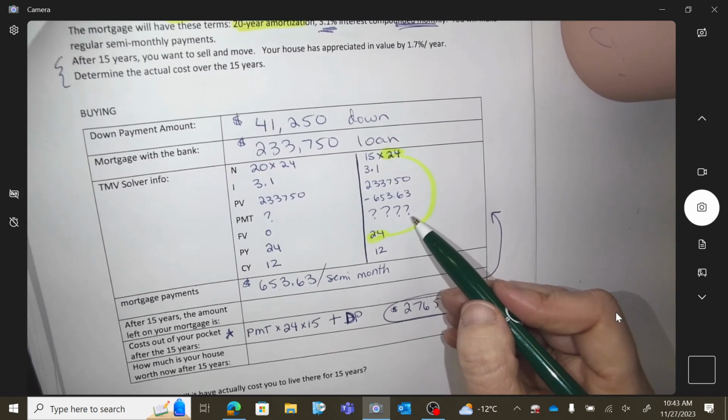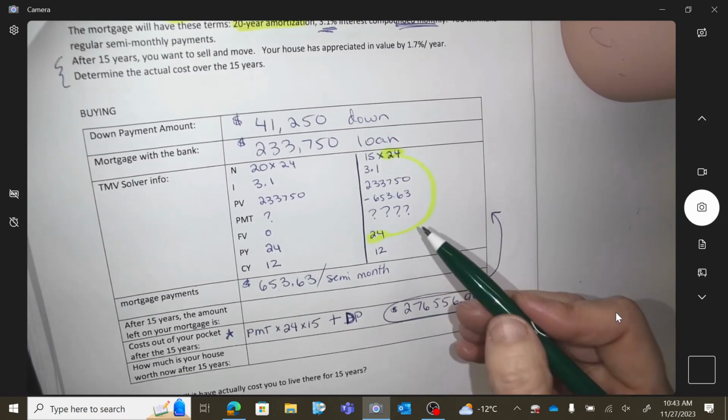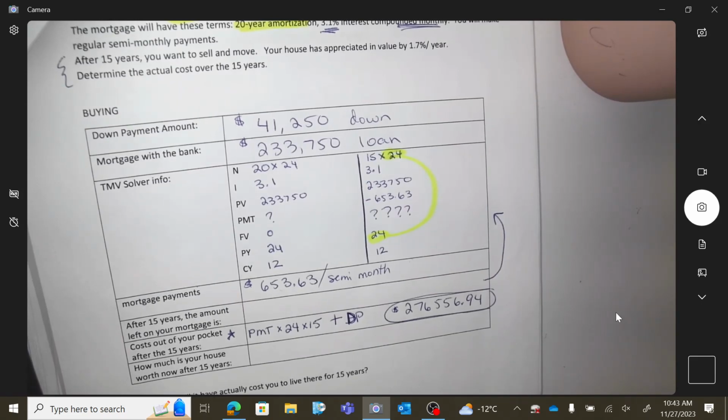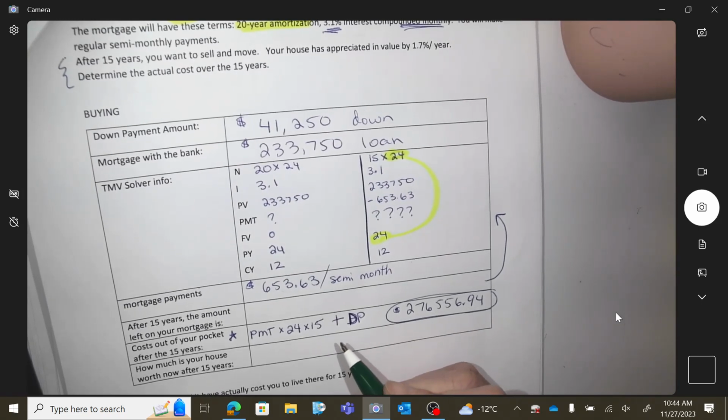Okay, so can you see what you have left with the bank? 72,000, anybody?